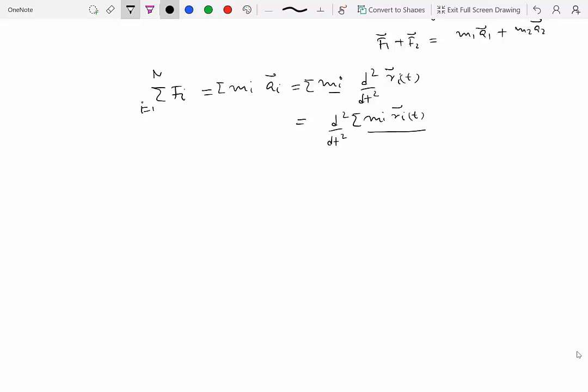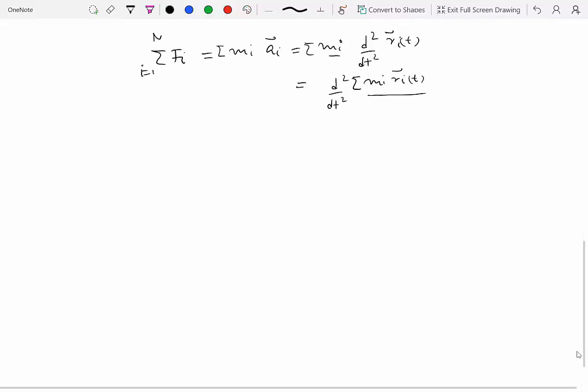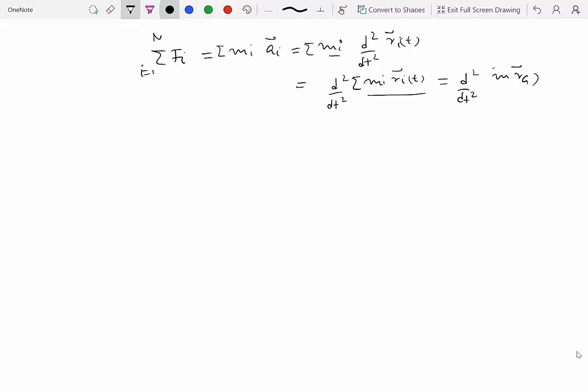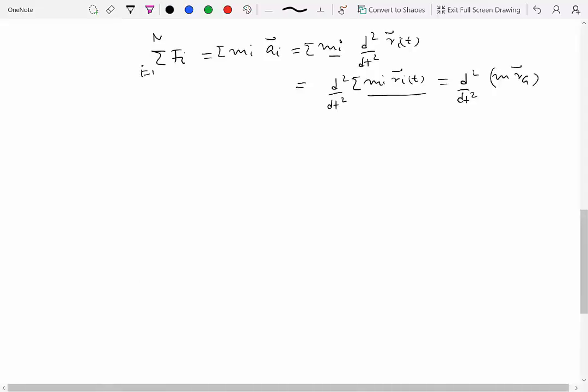Now what is this quantity sigma mi ri? Sigma mi ri is nothing but the total mass times the position vector of the center of mass. This is how we determine the center of mass.